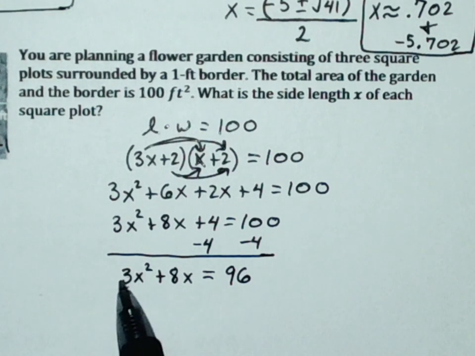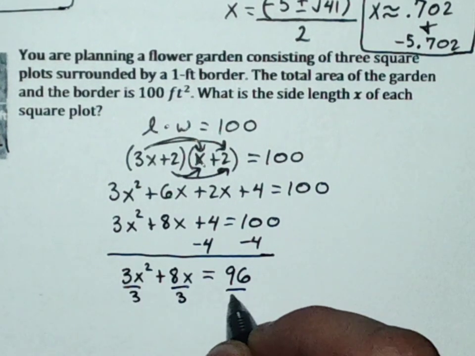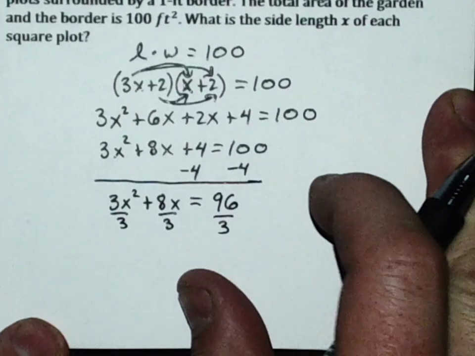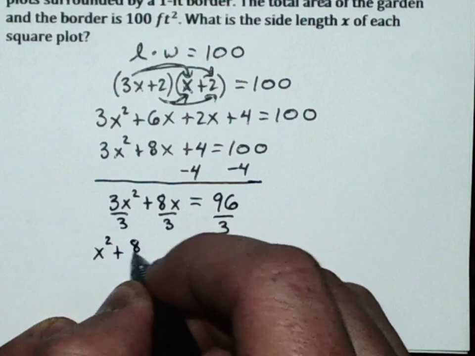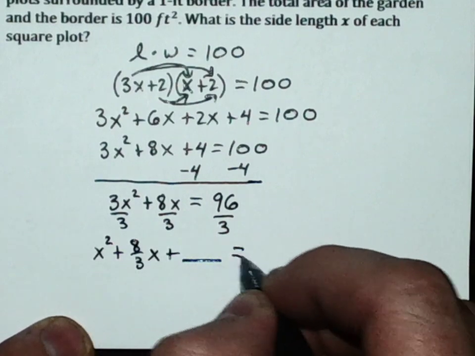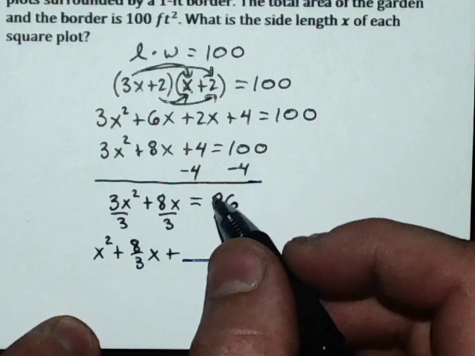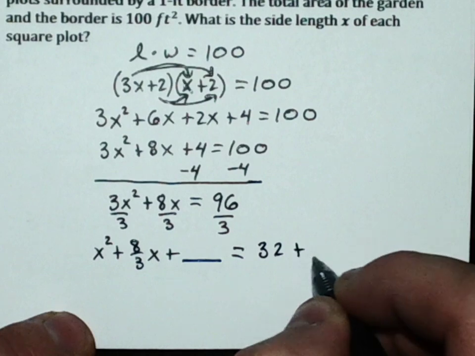You must make this equal 1 by dividing everything by 3. Then I get that x squared plus 8/3 x plus blank equals 96 divided by 3 is 32 plus blank.